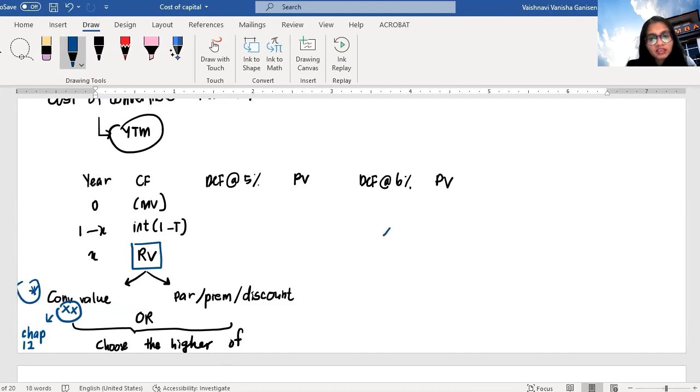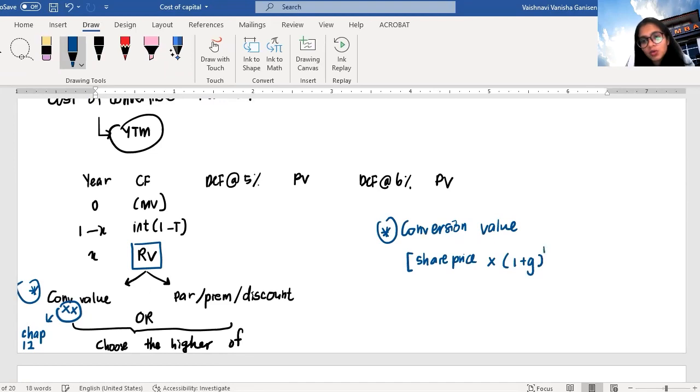When calculating the conversion value, the method you use is share price multiplied by 1 plus G to the power of N, multiplied by the number of shares. So you will get your conversion value.